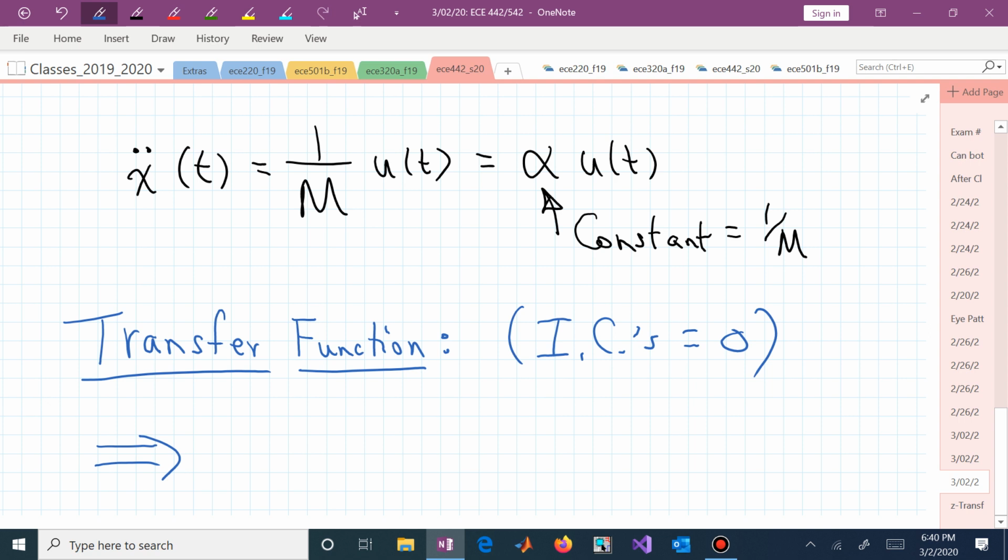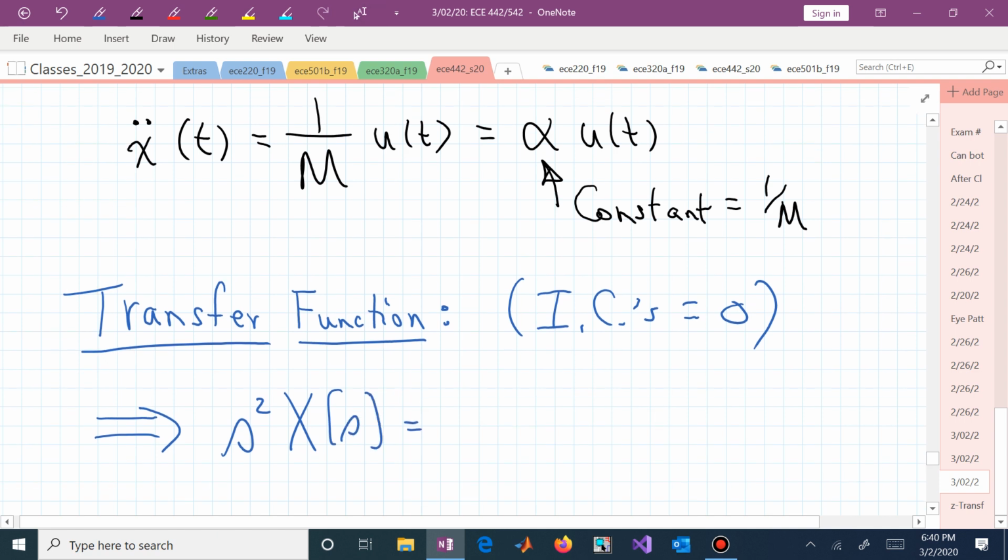Multiply by s. Now we are differentiating twice. We multiply by s once, s a second time. The Laplace transform of the acceleration is now s squared capital X of s.